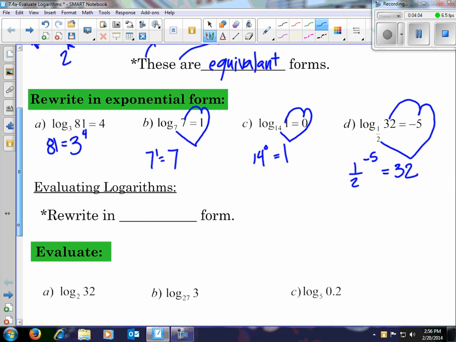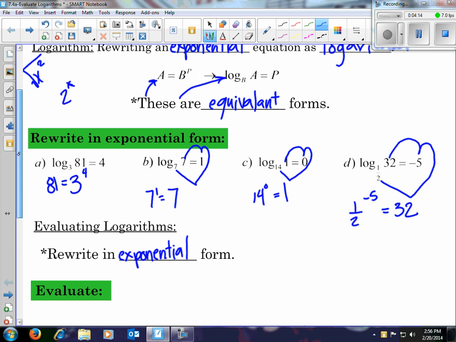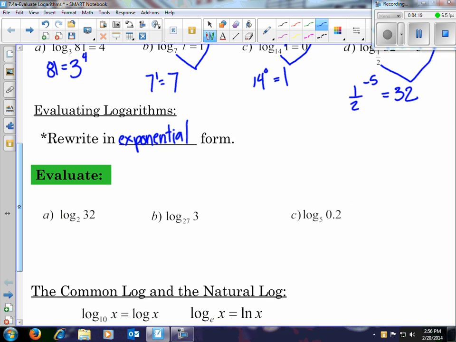Now, next thing is evaluating logarithms. We are going to rewrite in exponential form. Exponential form is a equals b to the p. So we have our exponential form, which is a equals our base to our power.